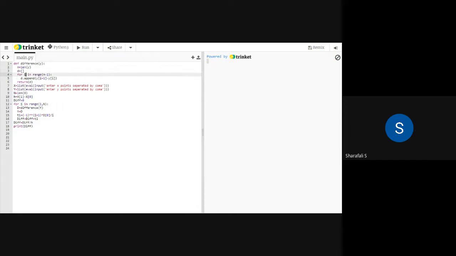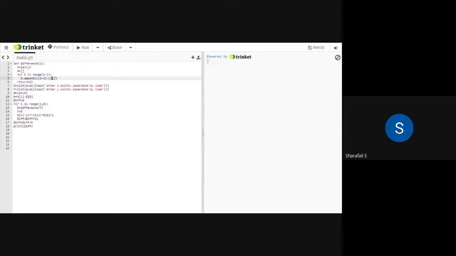So initially, I will be equal to 0. For that case, d dot append y of I plus 1 minus y of I. What is I? I equal to 0. So this is y of 1 minus y of 0. Whatever values are in the given list of y, those values will be subtracted from each other. That is, first we have to consider y of I plus 1, which means y1 for I equal to 0, minus y0.